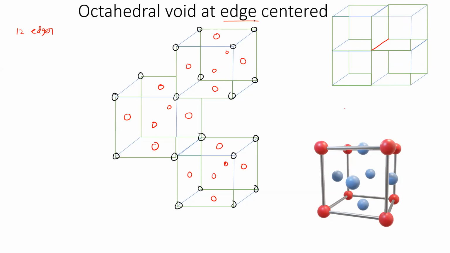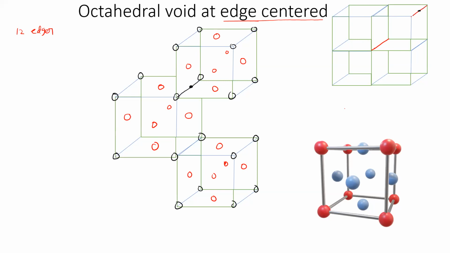The void is called edge centered. What is the edge center? This is an edge, correct? The center part of this edge is the edge center. In the center of this edge, an octahedral void is created, which means that 6 atoms are combining and forming some empty space between them.